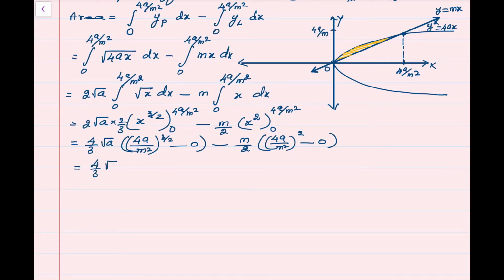4 by 3 root a times 4 power half is 2, 2 cube is 8. Root a cube is a root a.